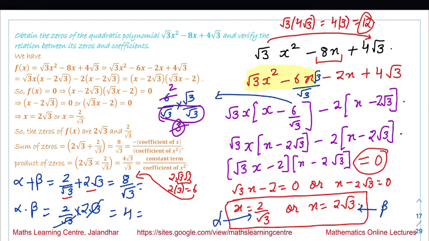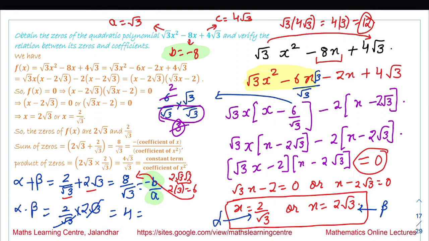Now come to this equation again. The value of a is √3, the value of b is −8, and the value of c is 4√3. When we are talking about the sum of the roots, it is −b/a. What is the value of b? It is −8.